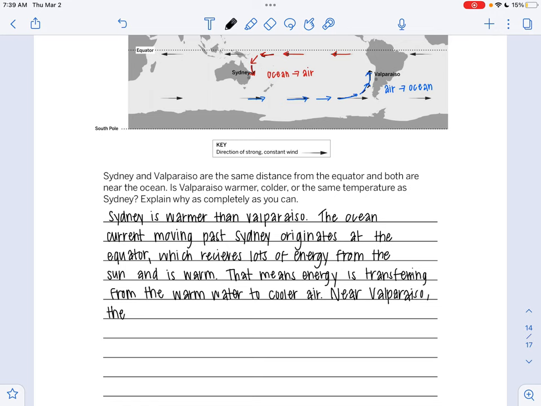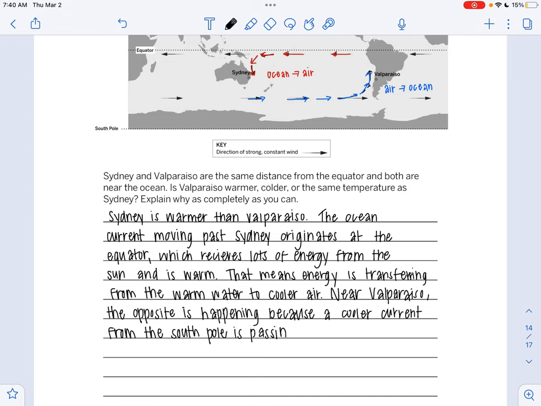And the reason why the opposite is happening is because a cooler current from the South Pole is passing the coast.